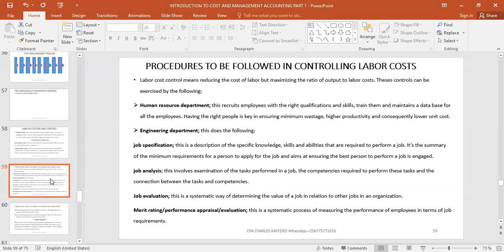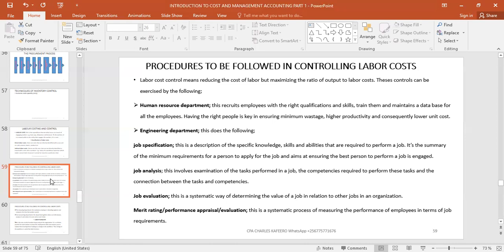That is the first department, which helps in controlling costs. They control them how? By recruiting the right people with the right skills. The second department is the engineering department. This engineering department you can call the technical department.